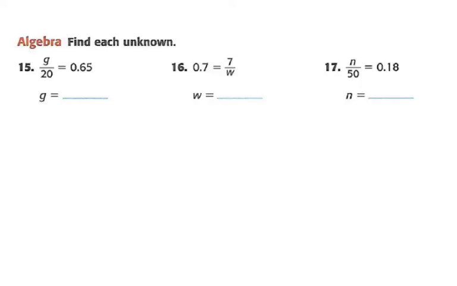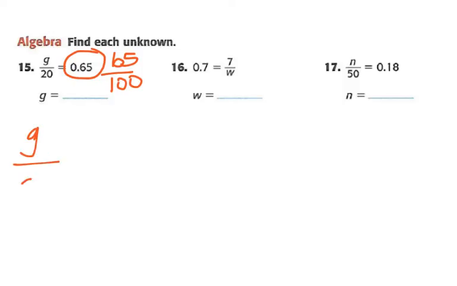Okay, now look, this one's fun. They give us the decimal, and then there's some letter, and it looks really confusing. But let me tell you, if I rewrite the decimal they gave me as a fraction, it will help me solve this better. Okay?